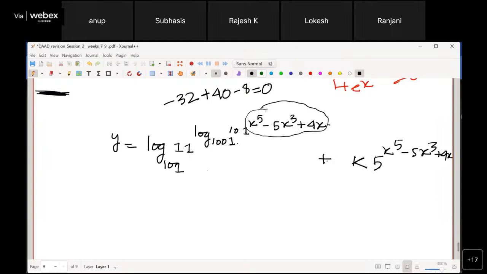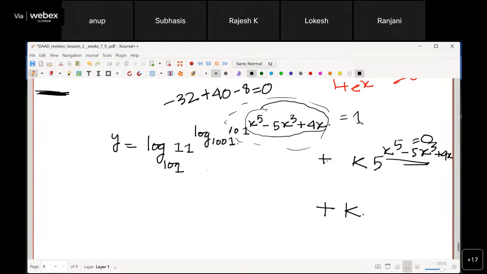So this is 0 and this is 0. If this is 0, then what will you get? Log 101 power 0, this is 1. So this thing is 1.